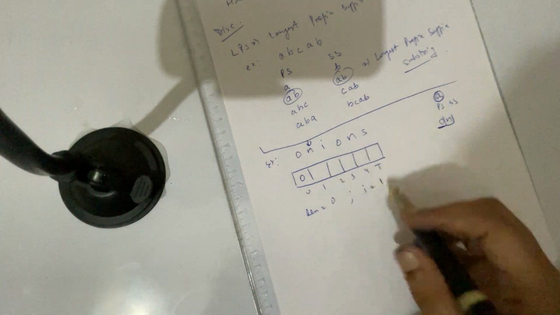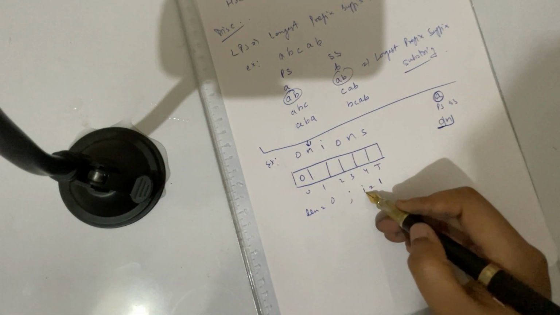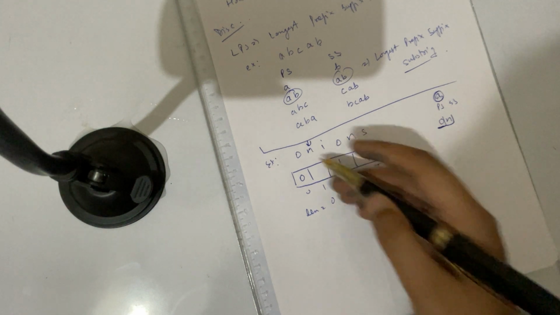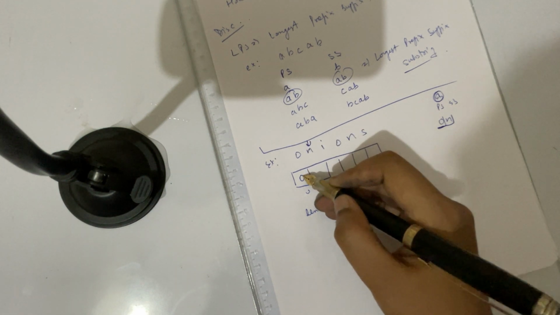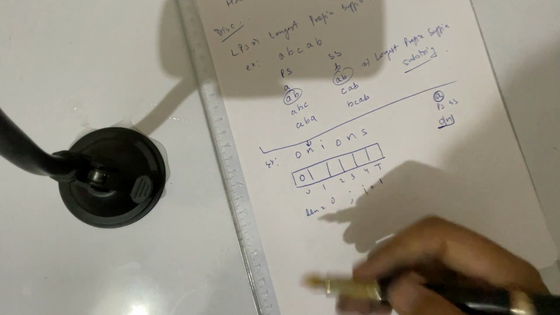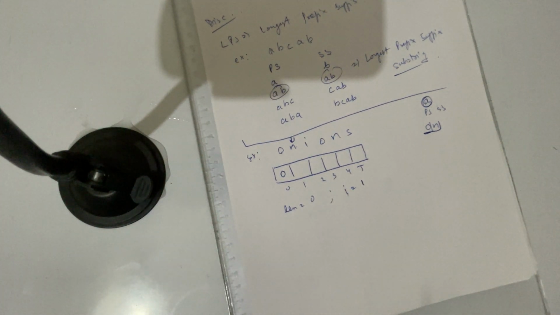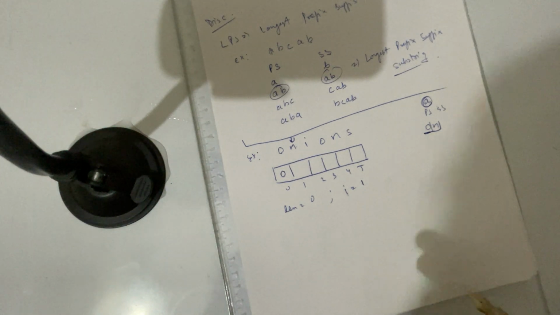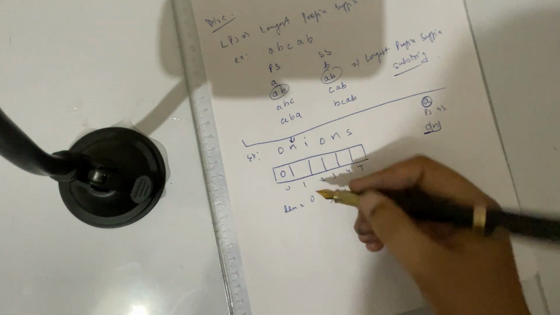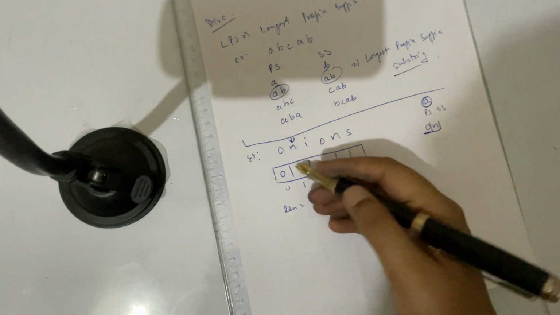I'm going to compare the character at index i with the character at index length. Just stick to the video, and you may understand it better.